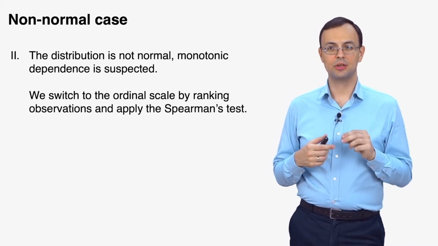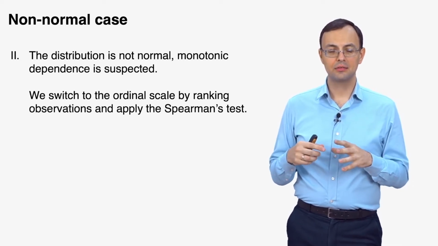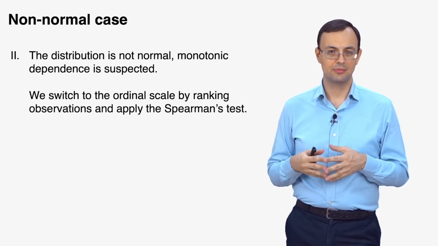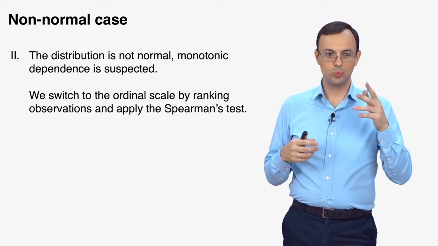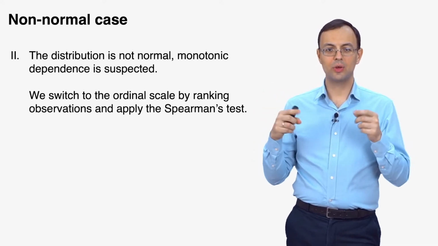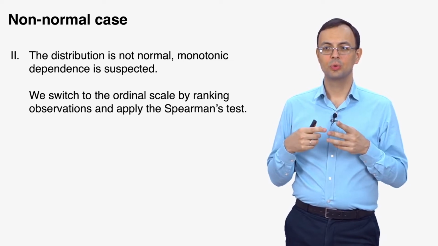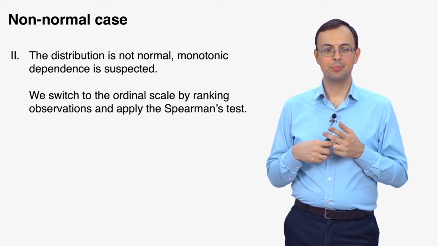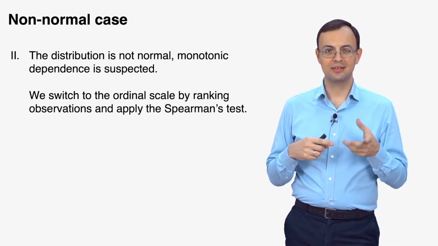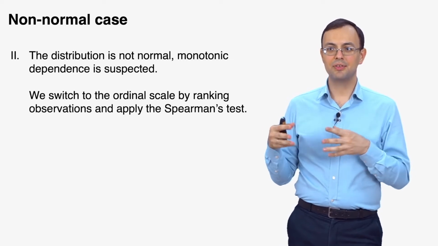If so, then we can switch to the ordinal scale by ranking our observations and then apply Spearman's test. We have two samples, x1, ..., xn and y1, ..., yn, and we rank each of the two samples. We rank the first sample and get R1, ..., Rn, then we rank the second sample and get S1, ..., Sn, and then we apply Spearman's test.